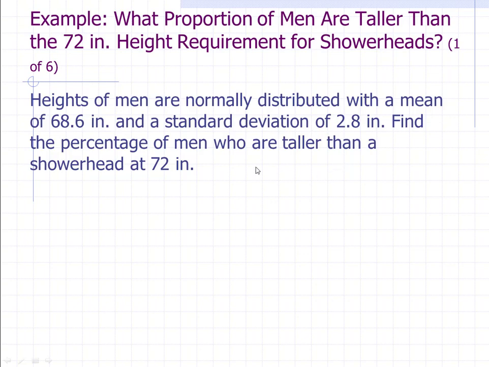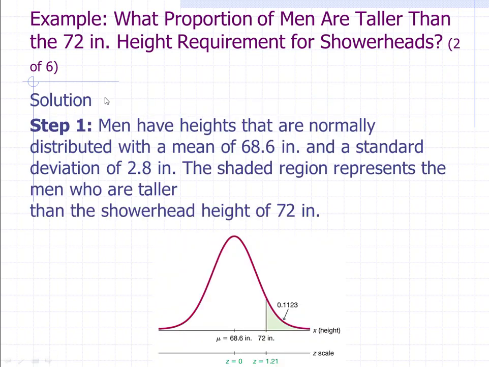Find the percent of men who are taller than the shower head at 72 inches. So how are we going to find the proportion? Well, the first good idea is to draw a picture. And we know the mean is 68.6 inches and the standard deviation is 2.8 inches.